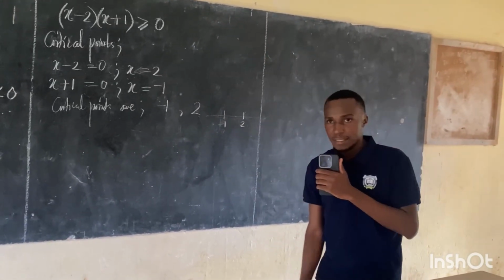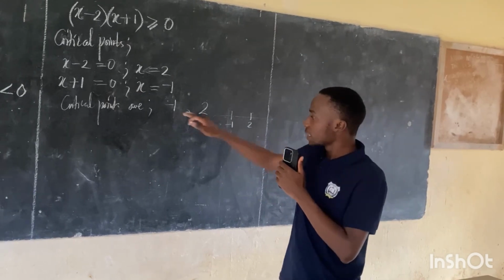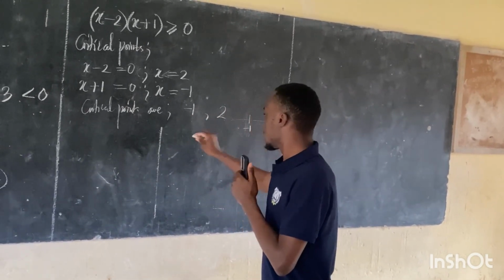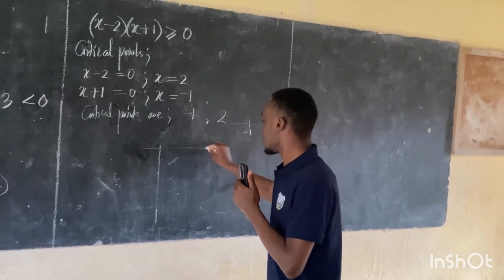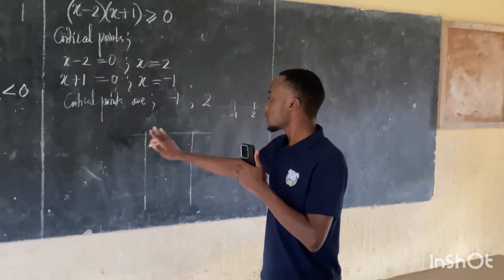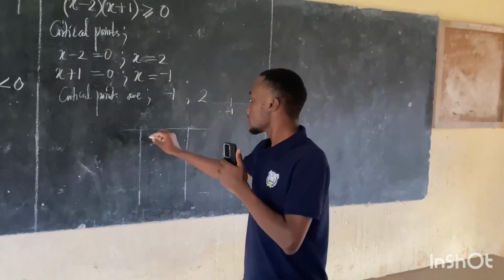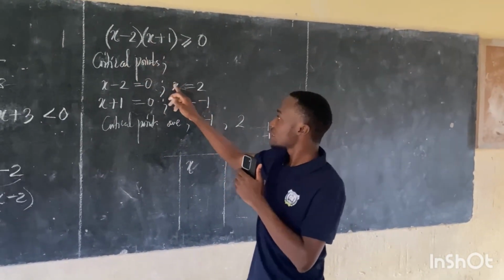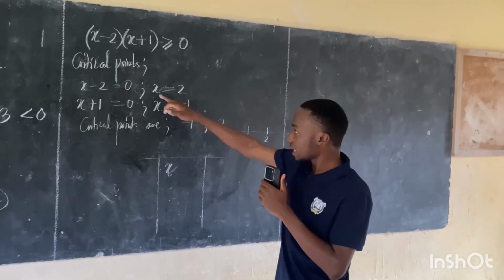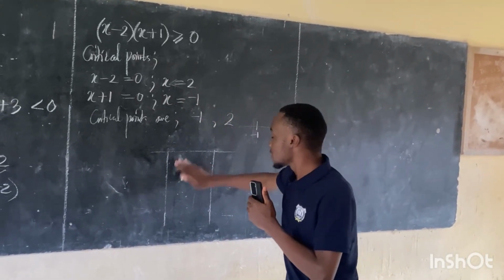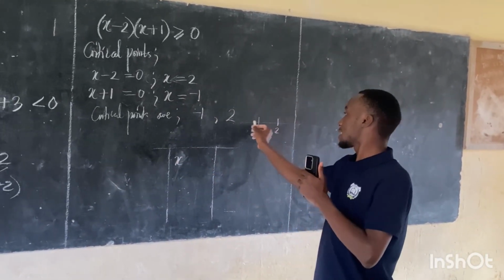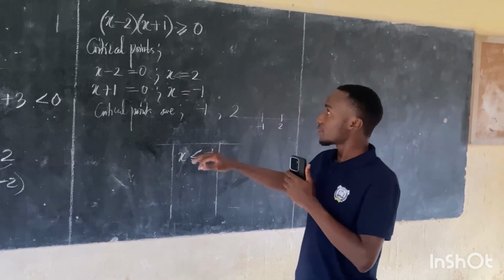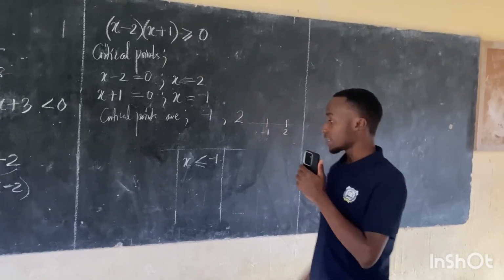So after doing this, we are going to use these critical points to draw a table. And this table of ours is going to have regions in which x, remember our variable in study is x. These critical points are of x. So we are going to have a region in which x is less than or equal to negative 1, because it is considered here.